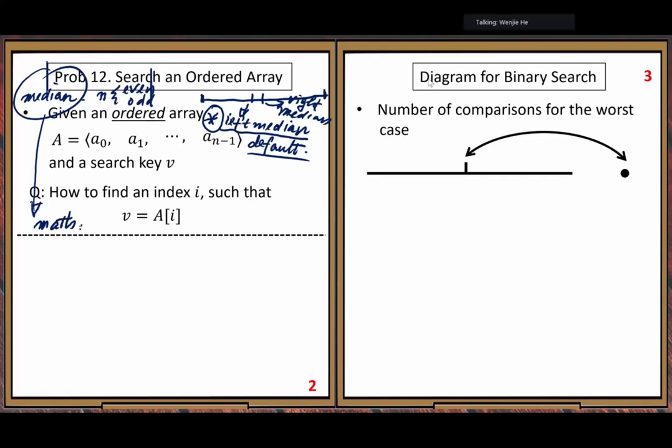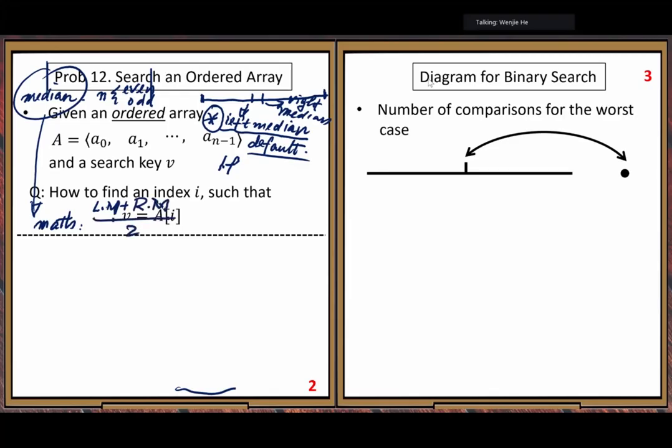In math, the median is slightly different, because you have two, the left median and the right median, and they define the average of left median and right median as the median in math. Left median plus right median divided by 2.